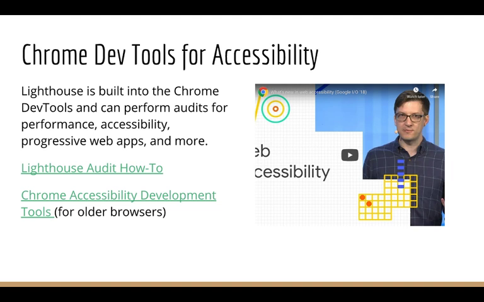There are other plugins if you don't want to use Chrome, because you typically should test on all your browsers. Lighthouse helps you do an automated test of your application. Basically, it gives you an audit of your accessibility, gives you a score on how accessible it is already, and then gives you helpful suggestions on how to improve it.